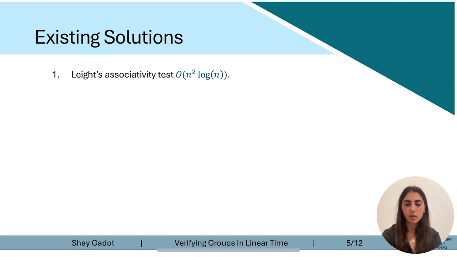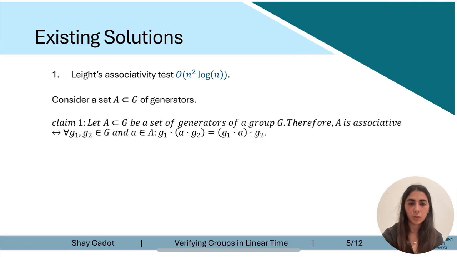It actually says that it is enough to go through all sets of 3 elements where the middle element is an element from a generator group A. So if we have a generators group A, we can only go through all sets of 3 elements where the middle one is from A and the other 2 elements are from G, like before.